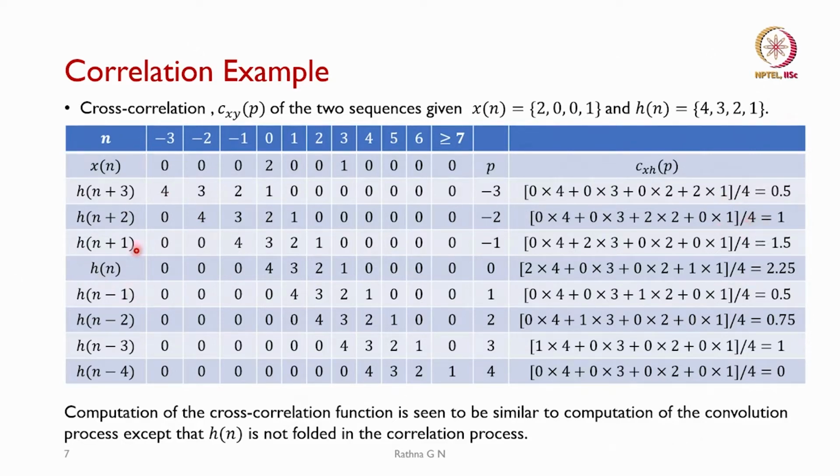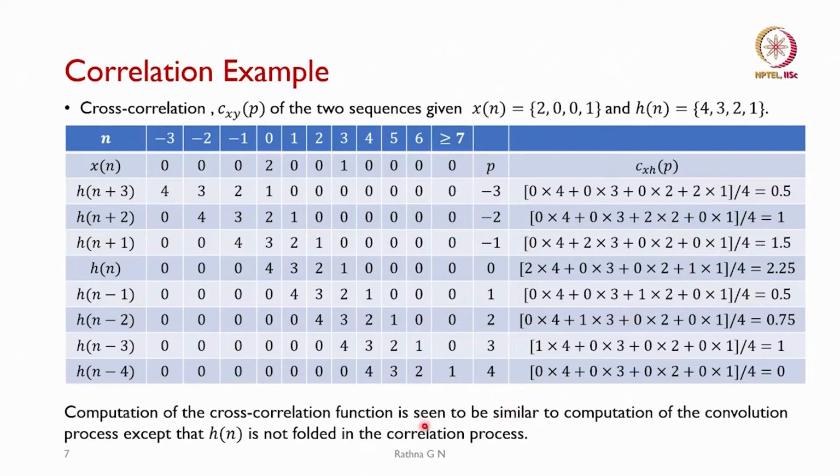In the same way, when x of n and h of n coincide at p equal to 0, both will be coinciding with each other, that is 2001 and 4321, and you will see that the correlation value at this point is the peak, 2.25. Then you will be moving away, with p equal to 1, 2, 3 and then 4. So, this is our output of linear cross correlation.